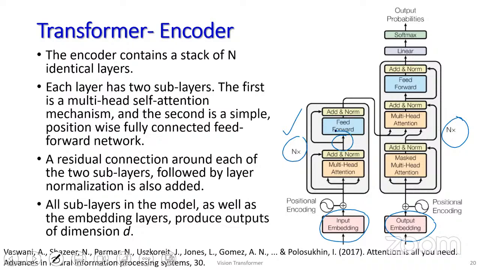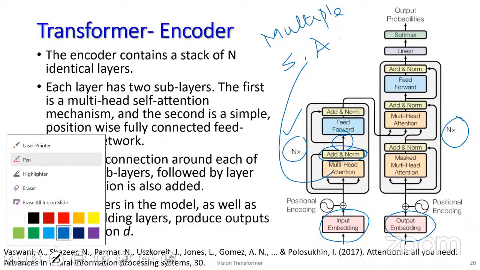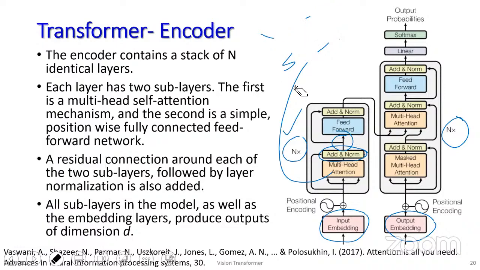So first of all, let us look at what attention is here. This multi-head attention is basically a self-attention mechanism, multiple self-attention mechanisms. And then what is this add and normalization? Basically, adding and normalization is being done. Let me tell you what is done.